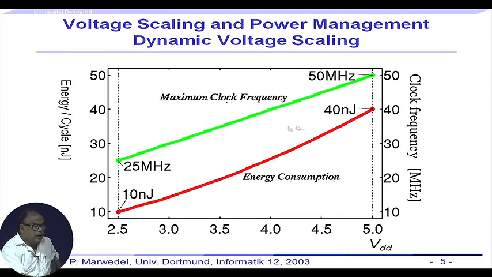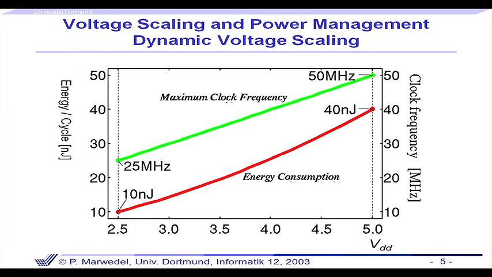So there are two aspects. Depending on the VDD, I am constrained to the maximum frequency up to which I can go. If I can increase the frequency, my task will be solved faster, but that may not always be the case. So that is the challenge.